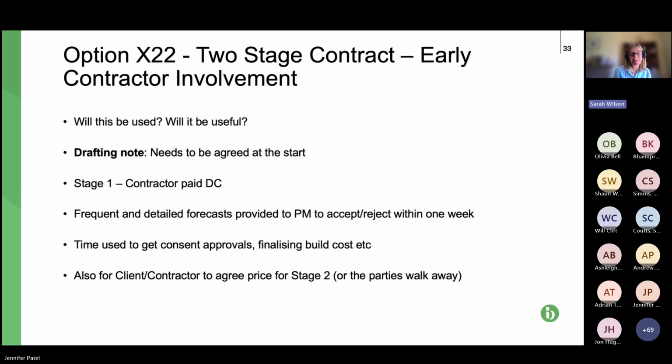It's that tight. As it says there, time can be used to get consents, approvals, finalising cost, finalising design, etc. Also, from the client's perspective, it allows the client to interrogate cost and design. Next slide, please.